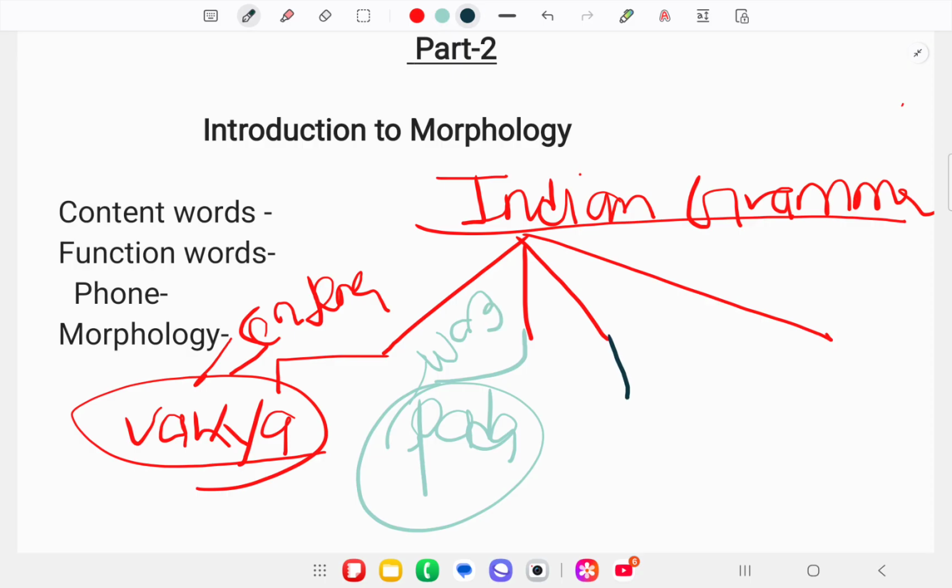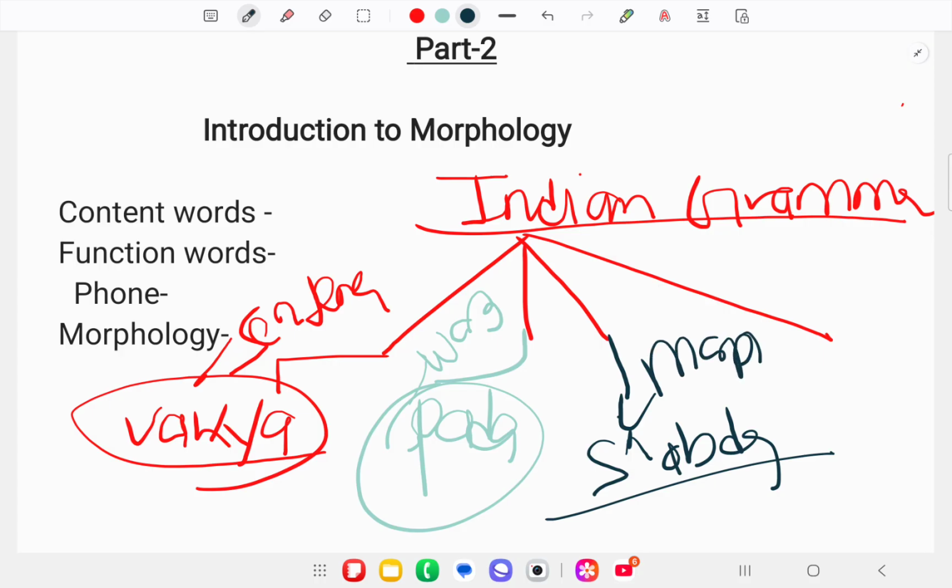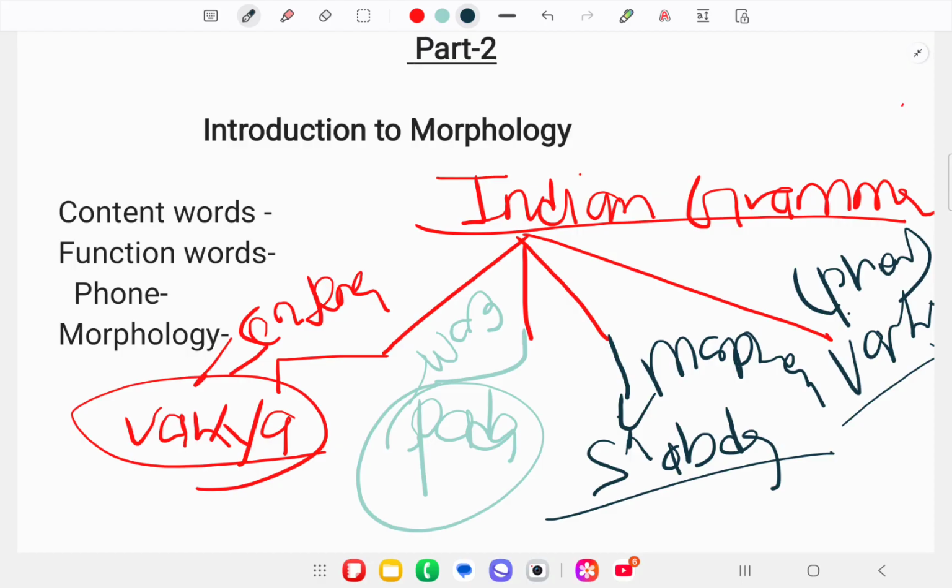Third one is Sabda. Sabda in the sense of morpheme. And the last one is known as Varna. Varna you know as the phoneme in the English language.